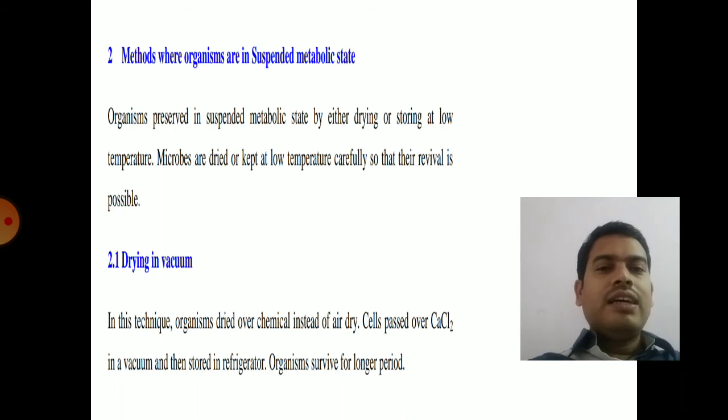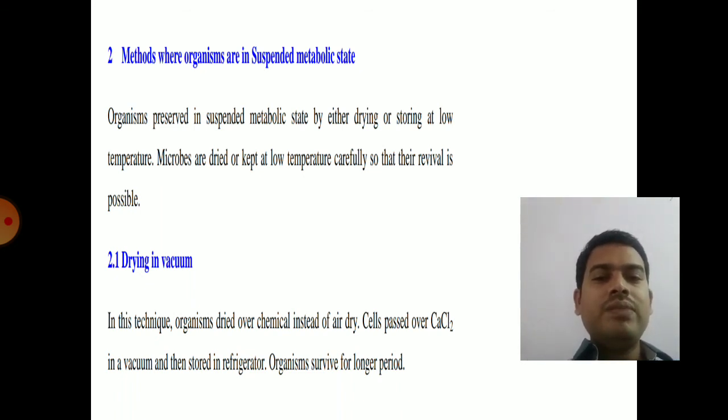So that is organisms freezing in suspended metabolic state. One is drying in vacuum. In this technique, organisms are dried over a chemical instead of air drying. Cells are passed over calcium chloride in vacuum and stored in refrigerator. That means cells are placed on calcium chloride and a vacuum is applied, and that solid you can now store in a refrigerator.